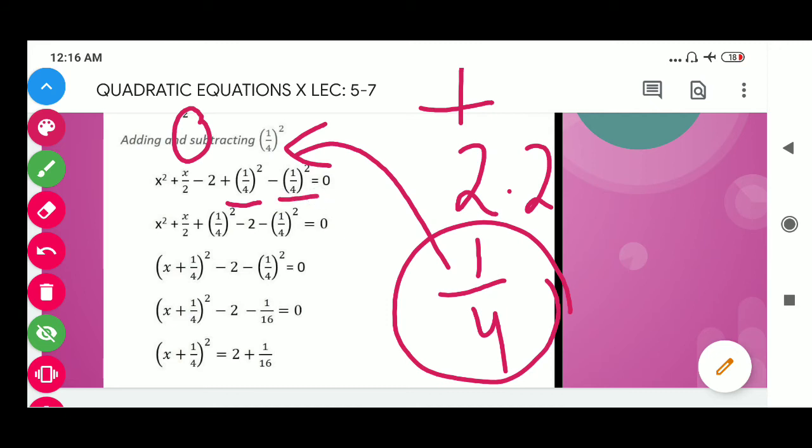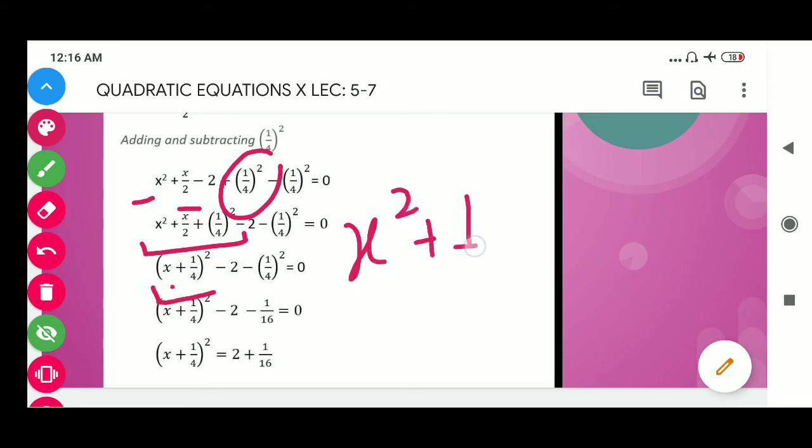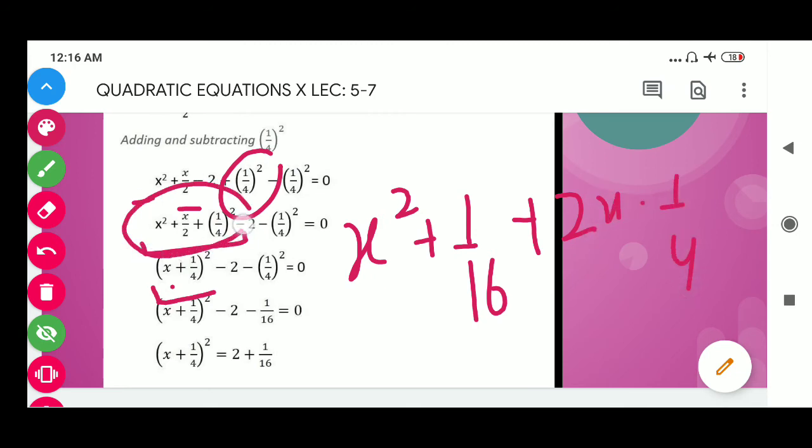Okay, so students, in this way, by connecting the first, second and this plus term, we will make the formula of x plus 1 by 4 whole squared. You can see here that x plus 1 over 4 whole squared, if we expand this algebraic identity, we will get a squared plus b squared plus 2 into a into b. In this way we will get these three terms.